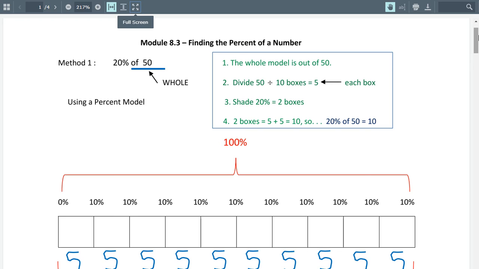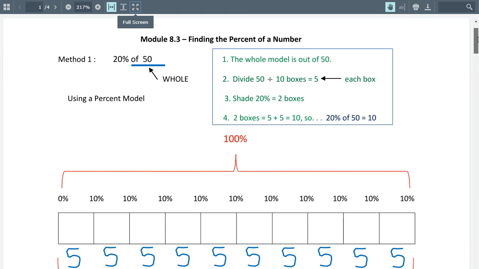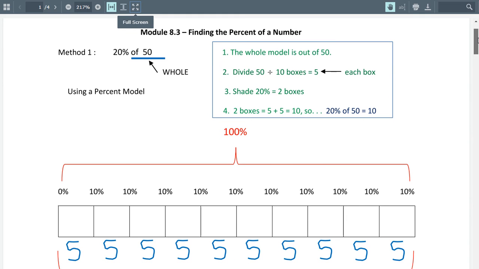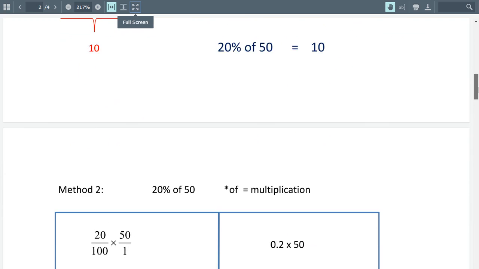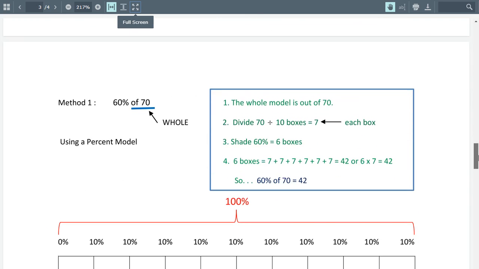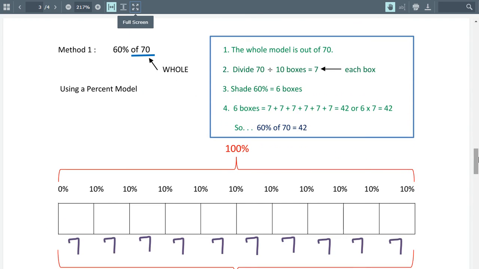If 20% of 50 equals 10, that means 10 of the pencils are red. Let's look at the next question. 60% of the 70 students brought lunch to school. How many brought lunch? 42 students brought lunch.